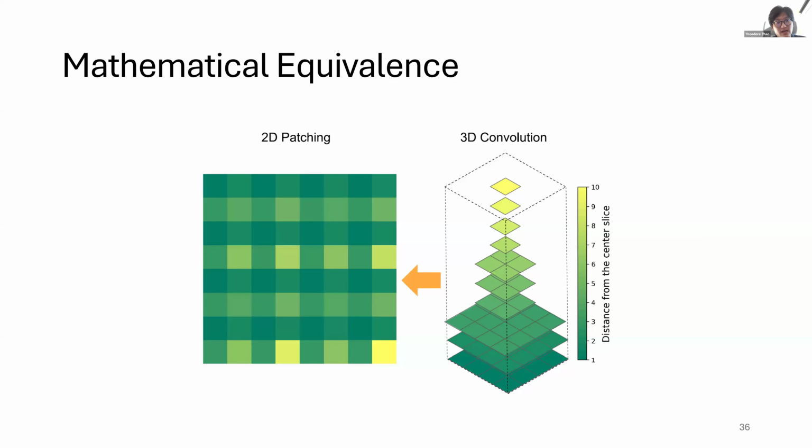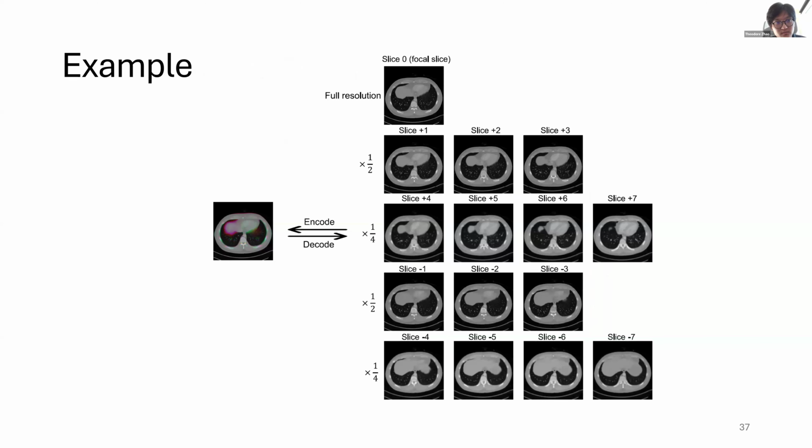Because of that, in packing the image this way, we don't lose the capability of the model to get the 3D neighboring context, but we can utilize the exact same 2D model architecture.